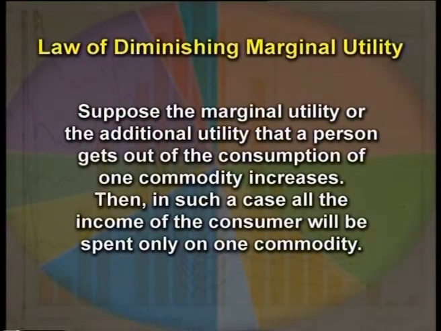In fact, we would have to understand why there is diminishing utility. As you increase the quantity, why does marginal utility decrease from the additional units? This is what we have to understand. Now, suppose the marginal utility, or the additional utility that a person gets out of the consumption of one more unit of a commodity, increases.